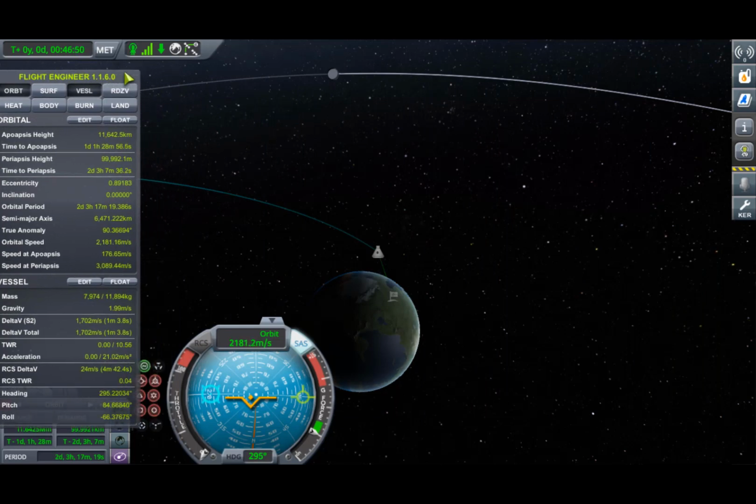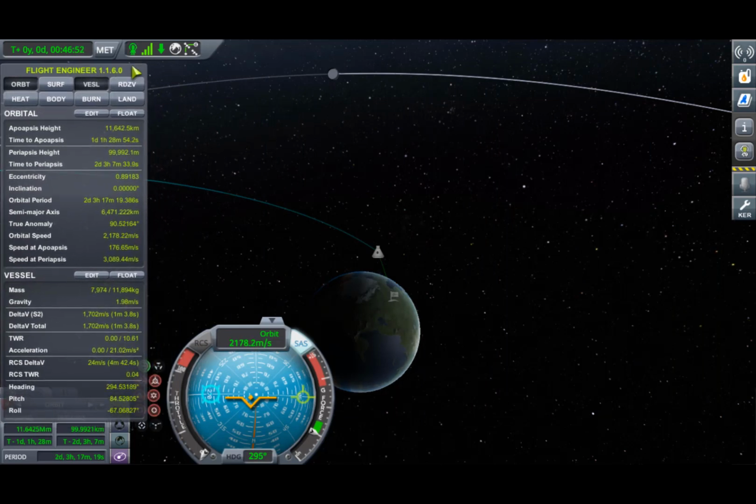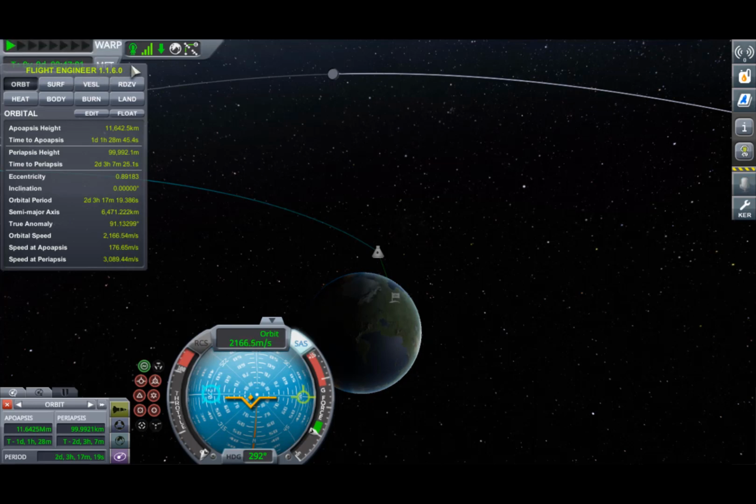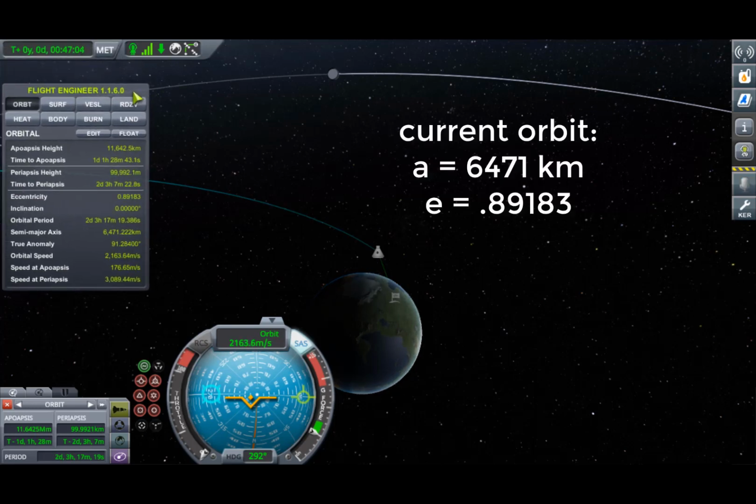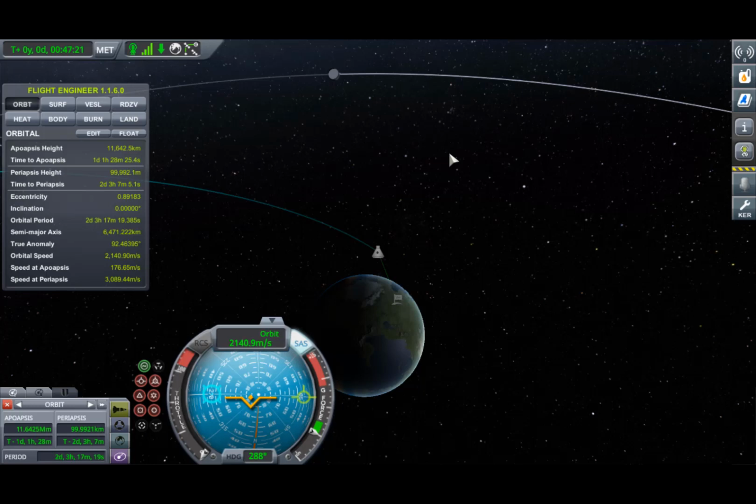However, executing the required translunar injection burn in part 3 to enter the transfer orbit, because the engine burn was not executed precisely as planned, we entered an orbit with a semi-major axis of A equal to 6,471 kilometers with an eccentricity of 0.89183. Very close to the original planned orbit, but not precisely the same. So these values were really close to my original planned orbit, so I proceeded to fly along that trajectory.